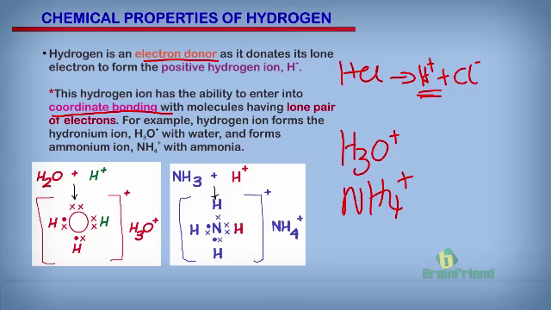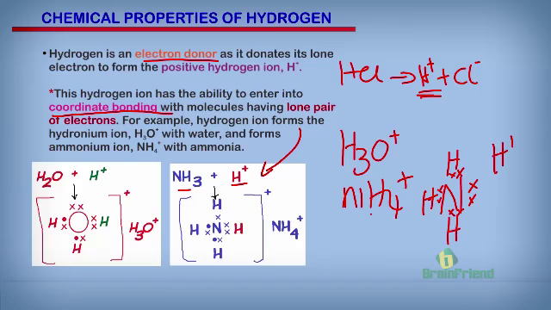How does this happen? You can see here, we have the hydrogen ion and we have ammonia. Now, when ammonia is written out in the Lewis structure, we would have nitrogen with a pair of electrons that is not bonded to any atom at all. So what happens is that the hydrogen ion bonds here and forms what we call ammonium ion.